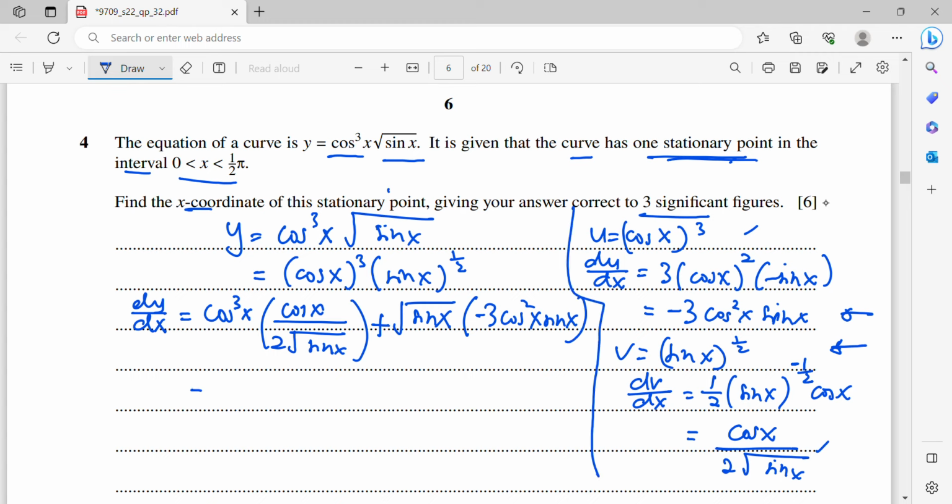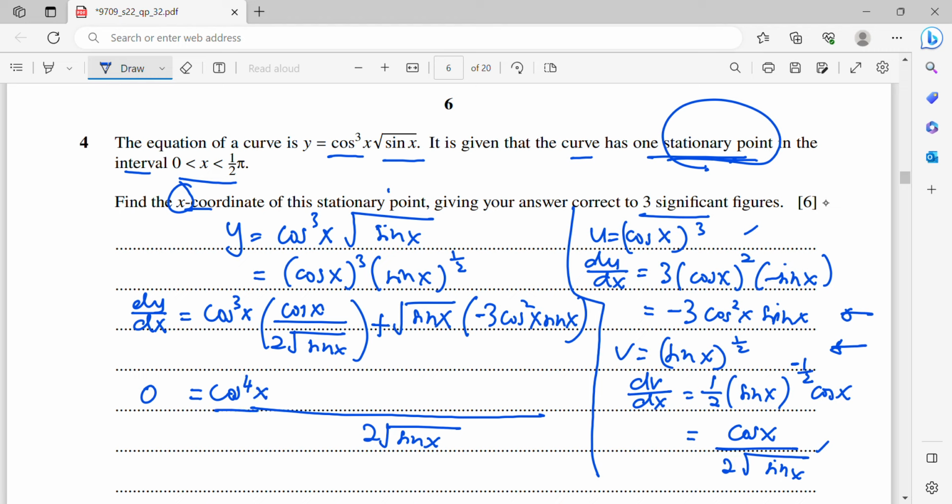Okay, so now we need to let dy/dx be 0 because we need to get the x-coordinate of the stationary point. So now I will let it be 0. At the same time, I will make it the same denominator for both terms. The first term will be cos to the power 4 x.